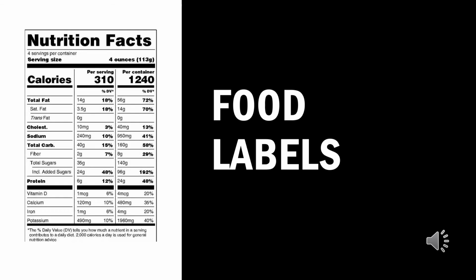So here's another example of a food label. On our example here, this label is telling us that there are four servings in this container, and each serving size is 4 ounces. Many times what happens is that we eat more than one serving. So we think we're getting 310 calories, but we don't look at the serving size, right?